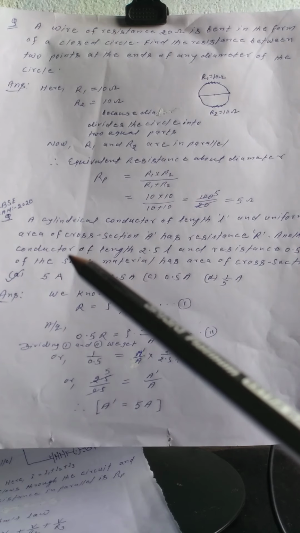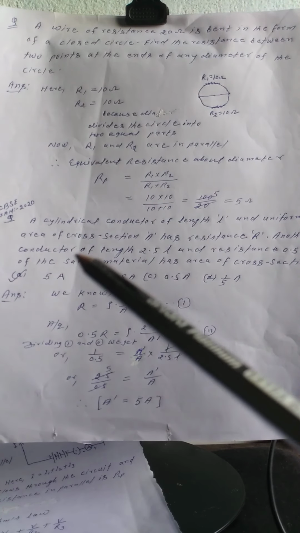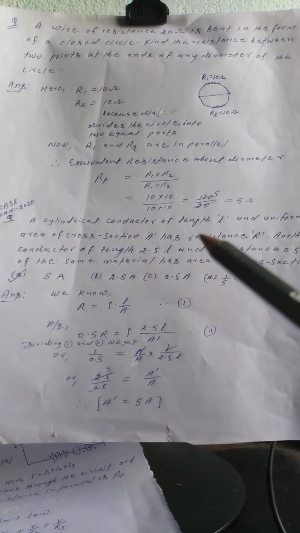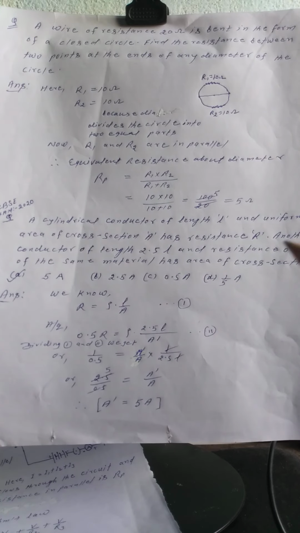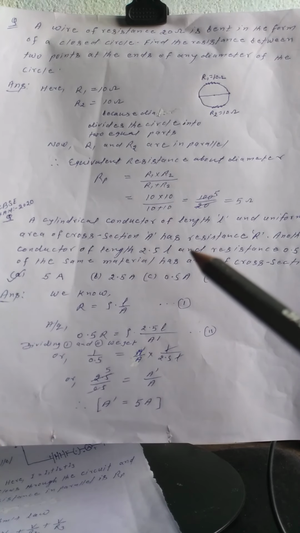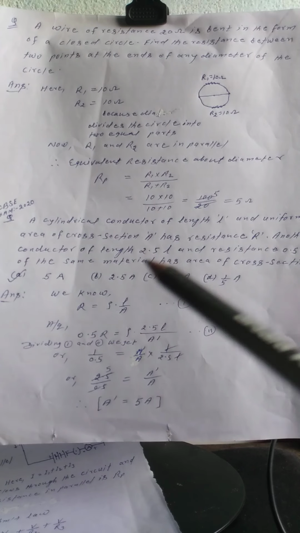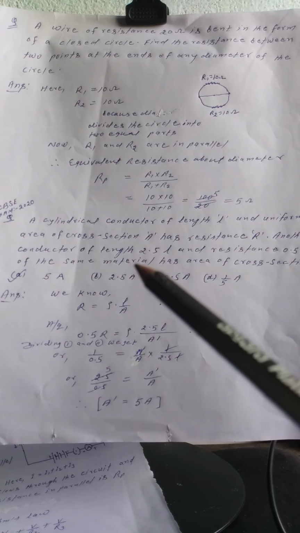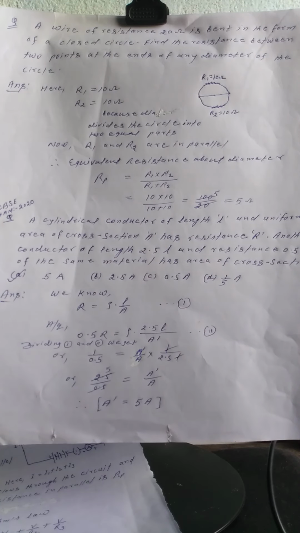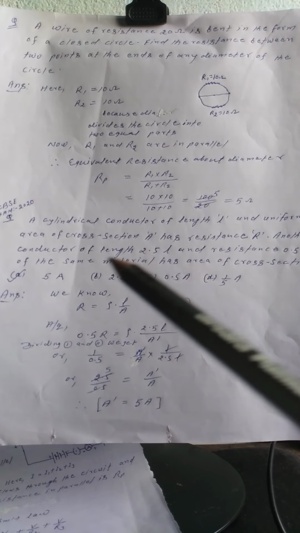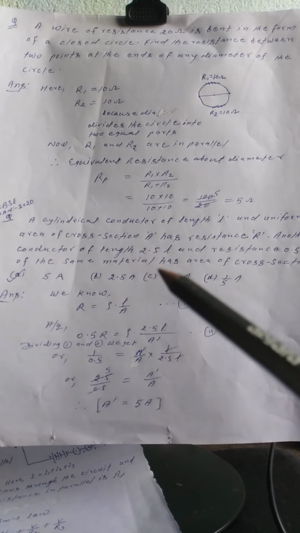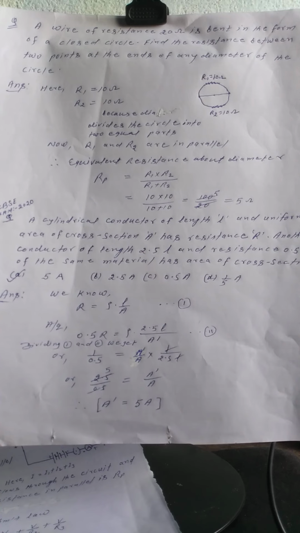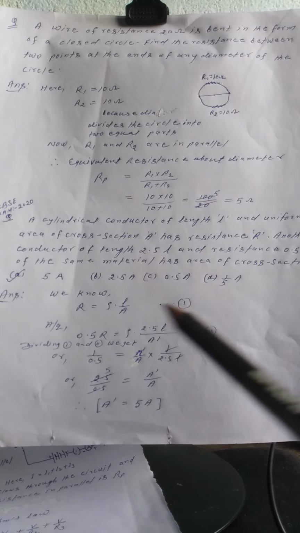Second question, this question came in the board examination 2020. A cylindrical conductor of length L and uniform area of cross section A has resistance R. Another conductor of length 2.5 L and resistance 0.5 R of the same material has area of cross section A dash.